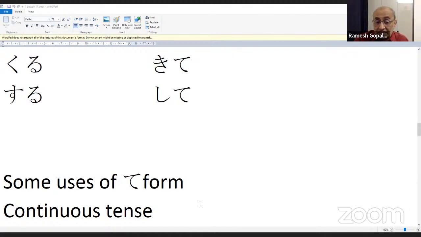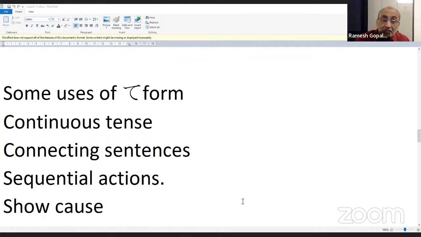So continuous tense. Then I told you, you connect sentences. If they end in verbs, those verbs you change to te form and connect to the next sentence. And if that sentence ends in a verb, turn that to te form, connect.